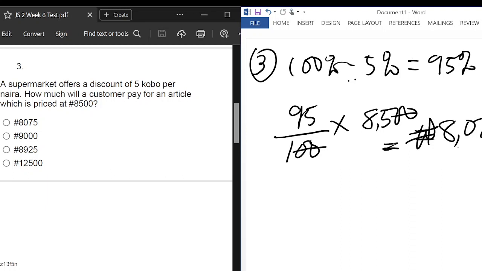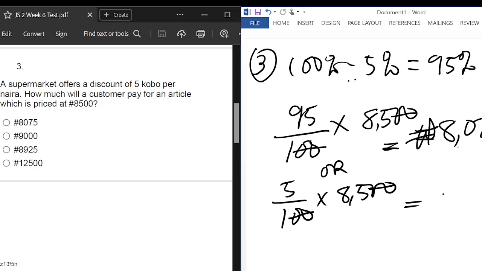But if you want to do it this way, you can find 5% of 8,500. Zero cancels zero, so we have 85 multiplied by 5, and that gives 425.